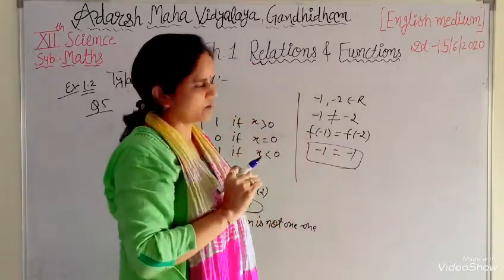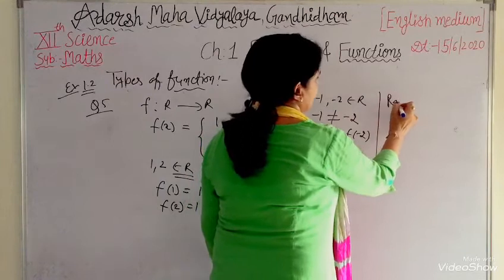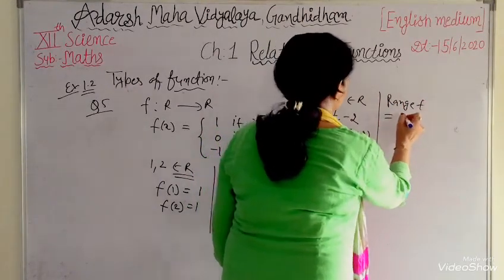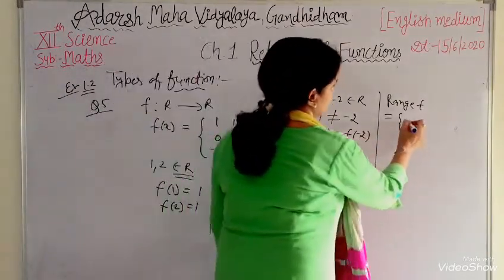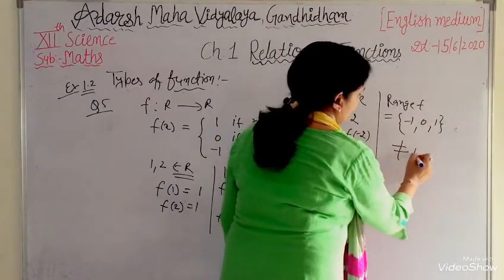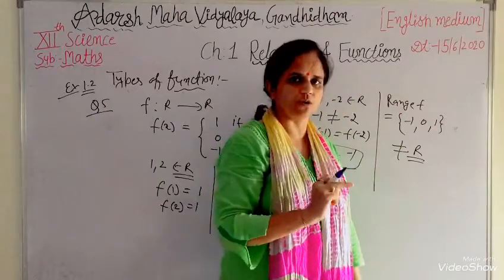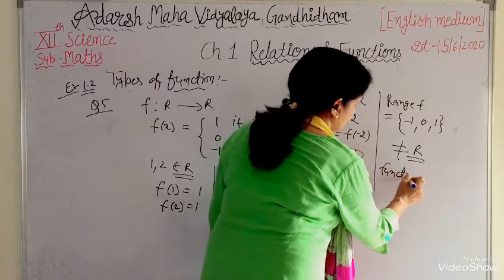The function is not one-one. For onto, student, what is the range? The range is only minus 1, 0 and 1. It is not equal to R. Here the range is not equal to the codomain. Hence the function is not onto.